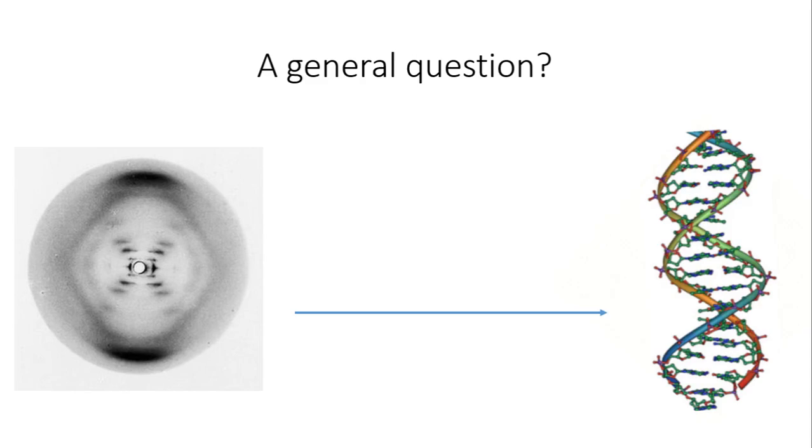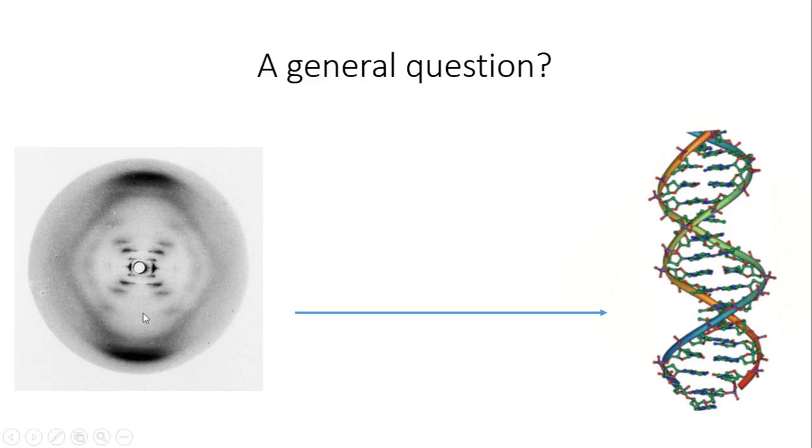I usually used to have a general question. This photograph is a very famous photograph, and you might have seen this beautiful picture in basic biochemistry books. No need to say that this is the diffraction pattern of a very famous nucleic acid called DNA.